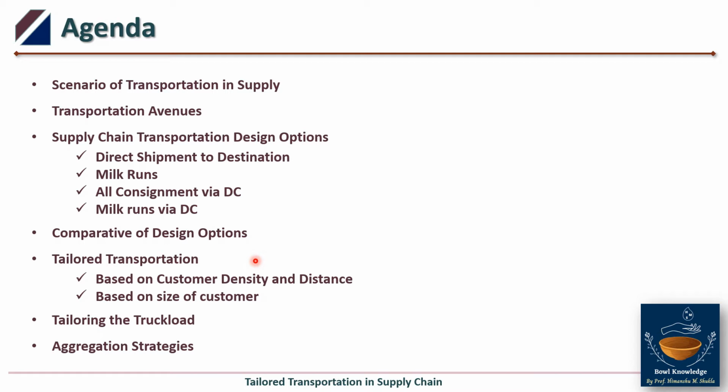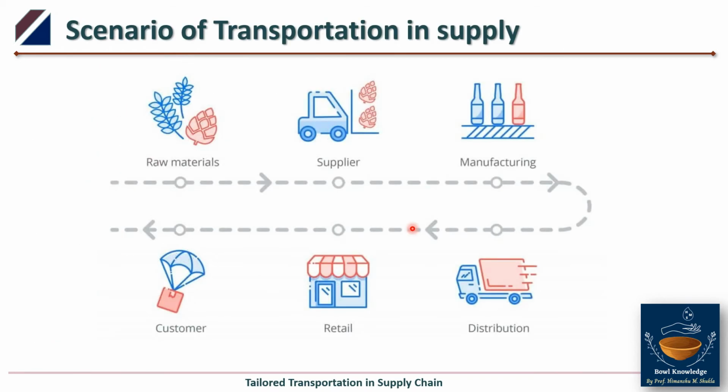We will see two variants based on customer density and distance and based on size of customer. Finally, we will see how we can tailor the truckload and what are the various aggregation strategies for optimization of cost. So proceeding further, the scenario of transportation.